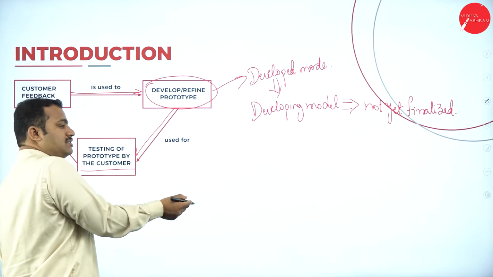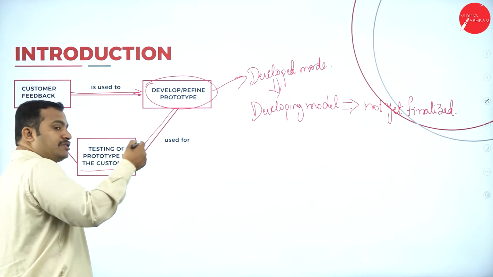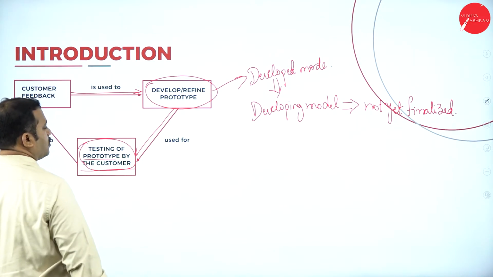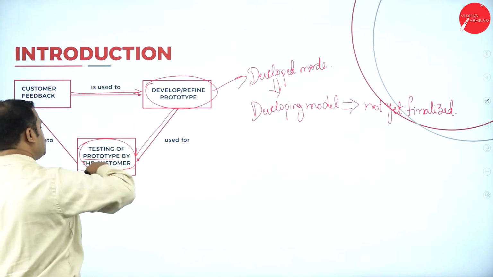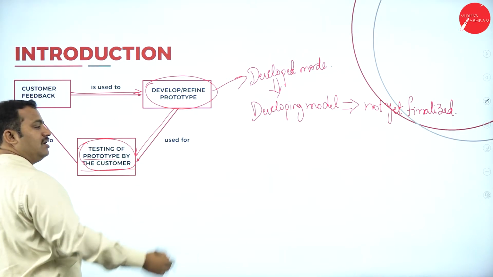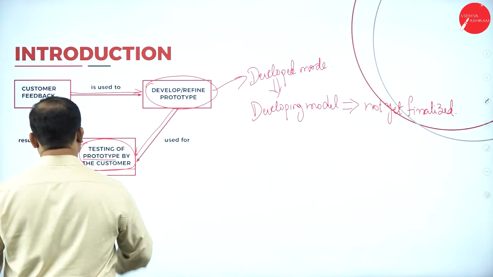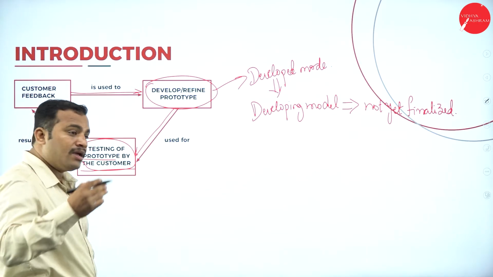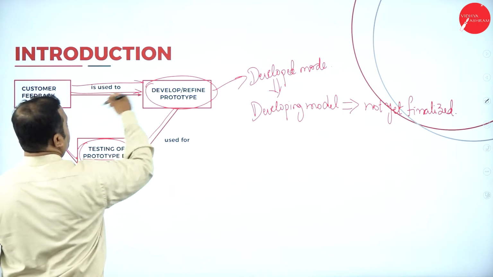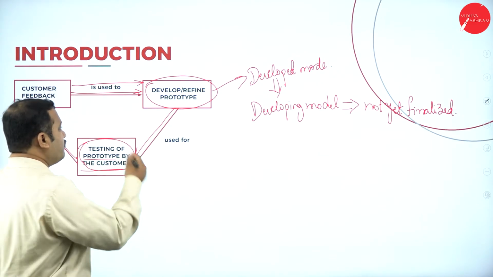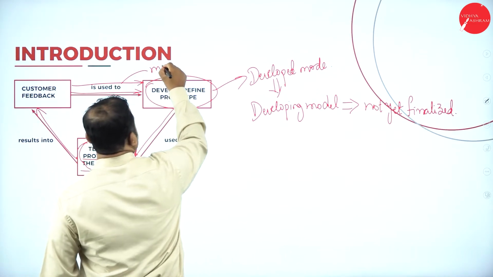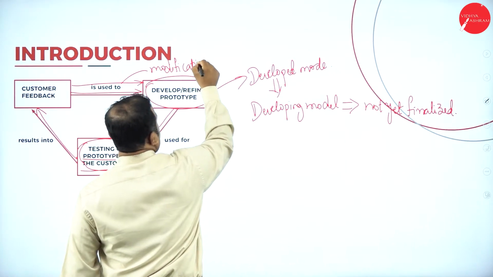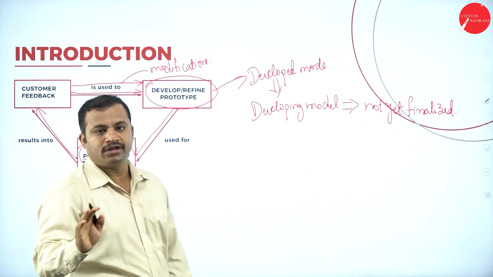have the hands-on experience with the prototype model. Once he experiences the problems and difficulties with hands-on experience, the results are given to the company. The customer may come back to the company and request modifications: No, this is not the requirement I have.